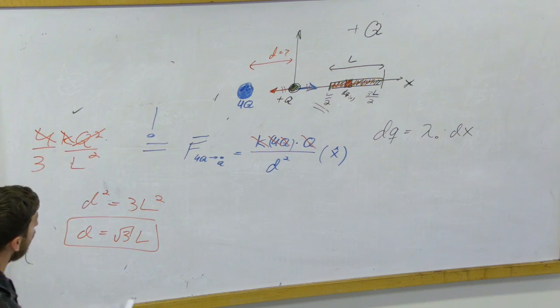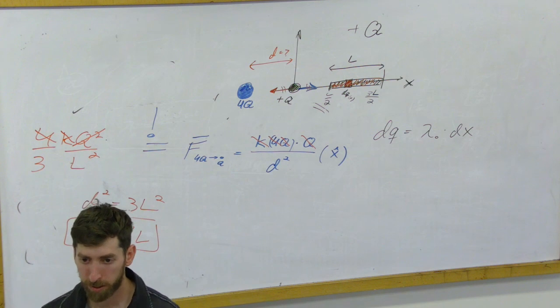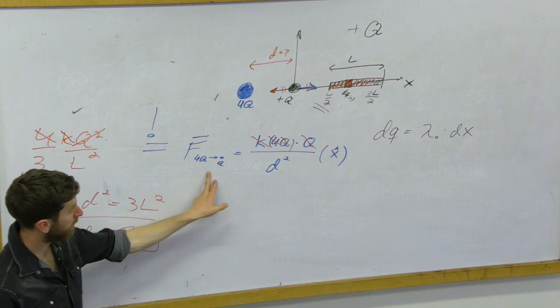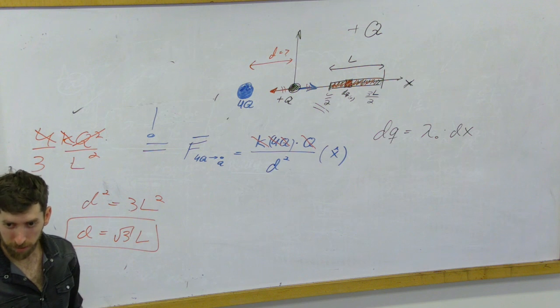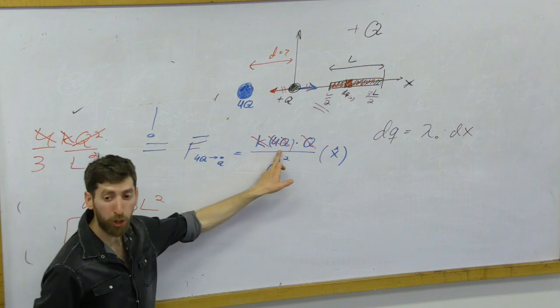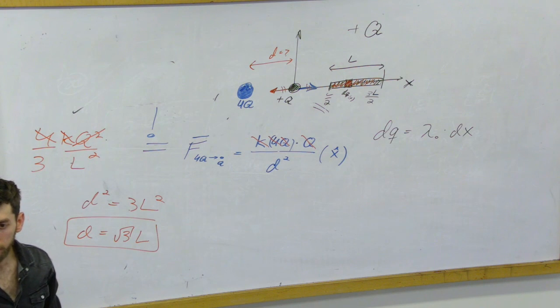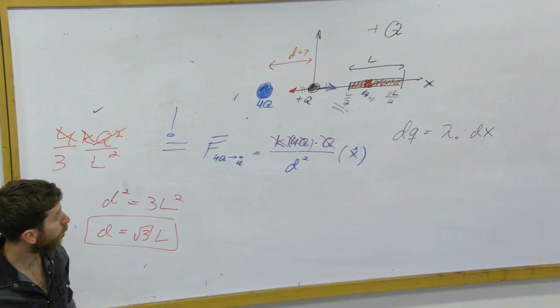Perfect. Okay? I have a question. Go ahead. The section where you found the force from 4Q to Q. When we are putting the charges, the K and Q1 and Q2, we should put them with signs, because the force from 4Q is also on the Q, it's minus 4, and the other is also minus Q. Correct.